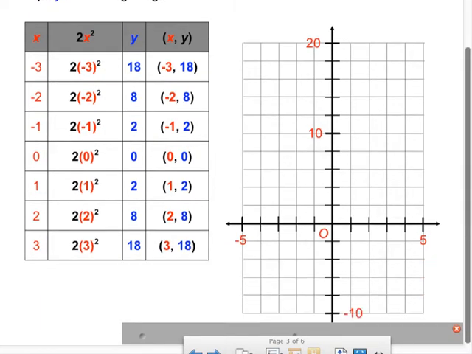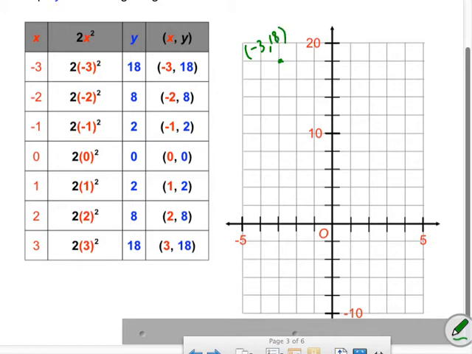Okay, -3, I'm at 18. Okay, at negative 2, I'm at 8. Okay, at negative 1, I'm at 2.